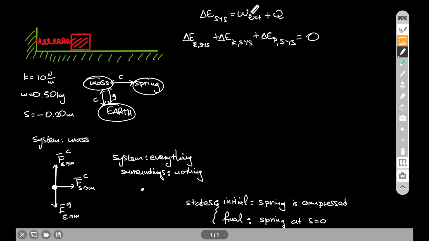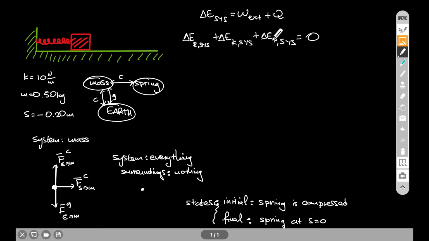The external work done is 0 because there is nothing external to the system. The surroundings include nothing, and nothing cannot do any work on the system. So W external is 0. These are the three fundamental types of energy: R for rest, K for kinetic, P for potential.